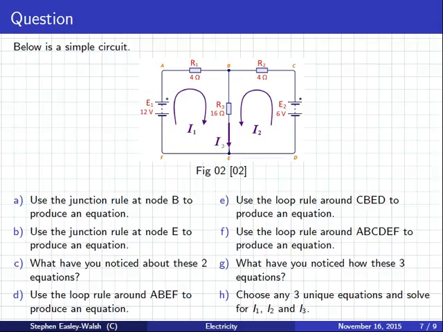Sorry, not minus. Plus, because the current is going to the left and you're going to the right. It's the wrong way, so you change it. Just be careful, everybody. 12 minus 4I1 plus 4I2, because it's backwards.